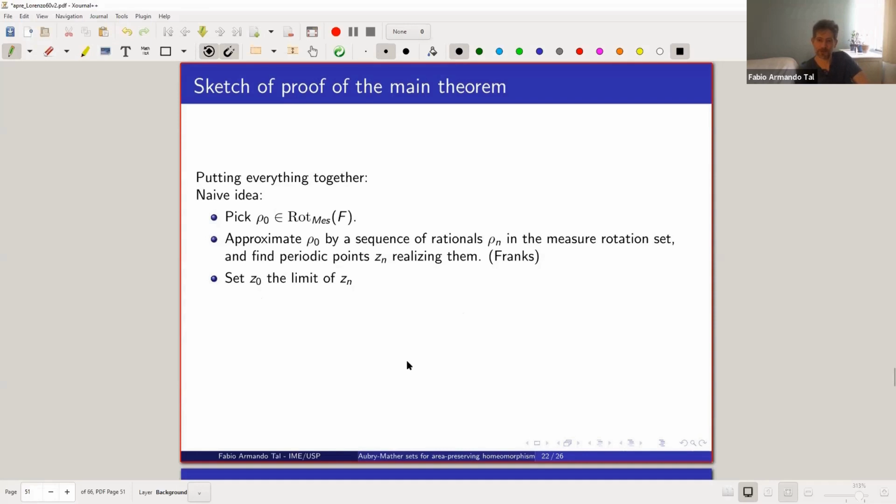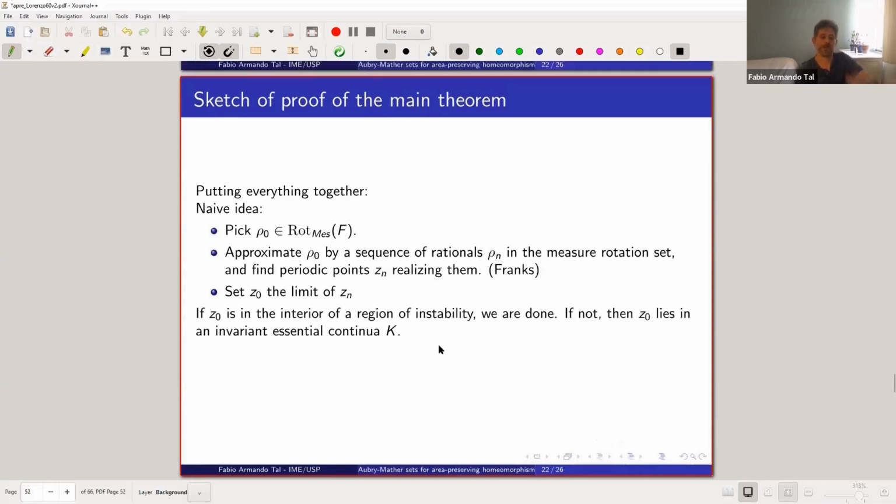So we try to solve this in a different way and say, okay, if my Z0 was in the interior of some region of instability, then in this region of instability, at least for points sufficiently close, I have all those periodic points with rotation numbers rho 1, rho 2, rho 3.